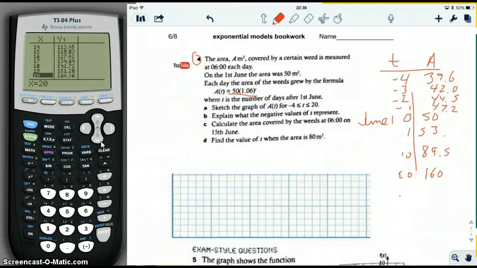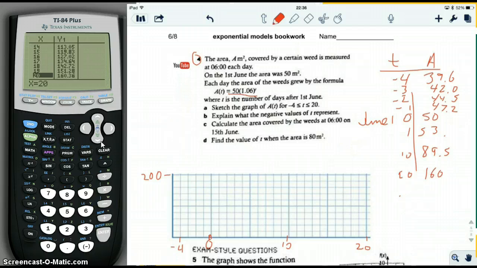Okay, so we have, let's say, -4. Put 0 here. Put 20 here. 10 here. And we're going up to 160, so we'll call this 200.